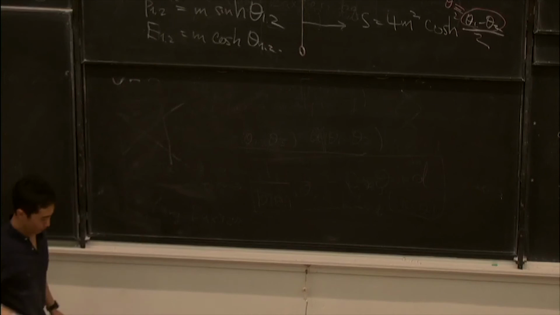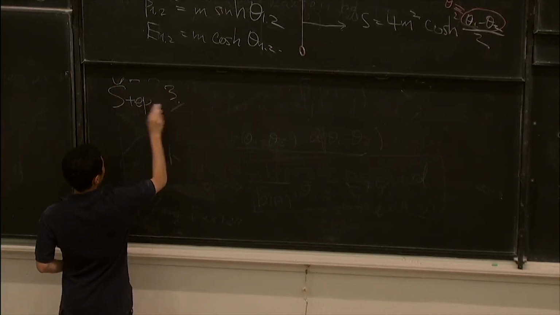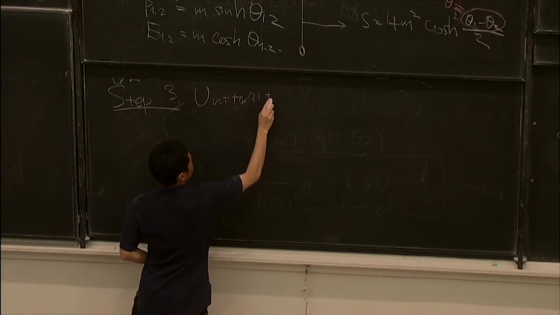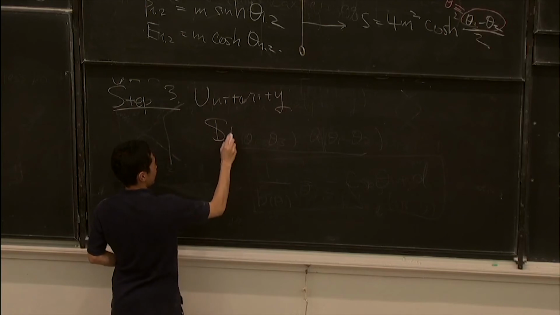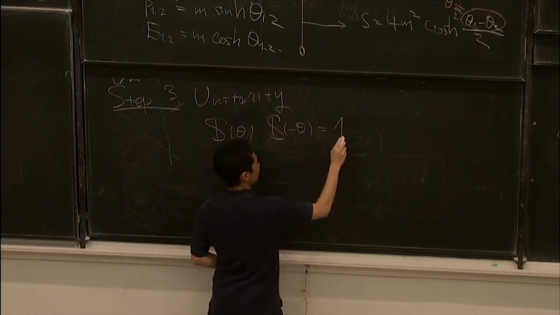So if you impose the unitarity, so remember unitarity was the statement about S(θ) times S(−θ) equals identity.